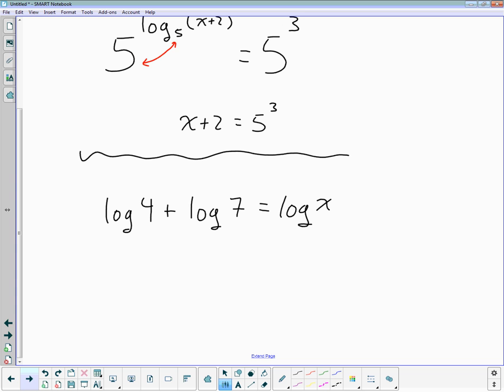Let's just say you had that. One way that some kids want to solve this is to jack a 10 under everybody. That's not correct. You cannot do that.